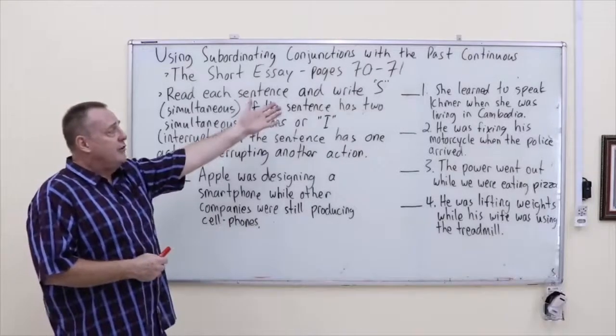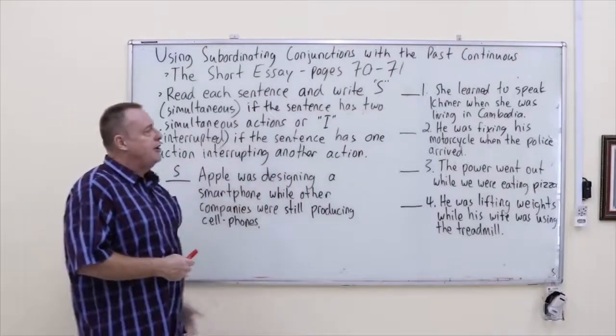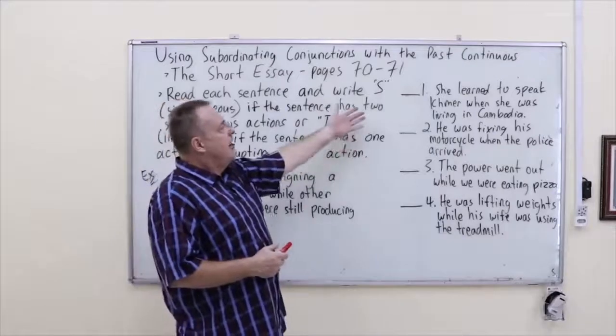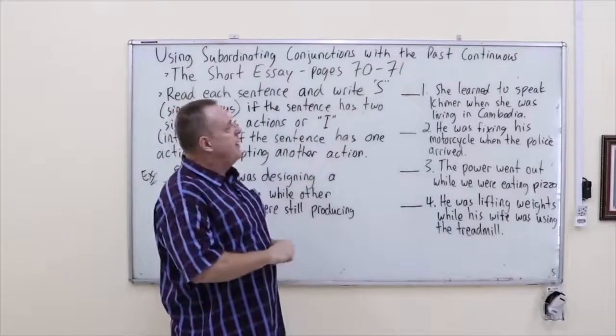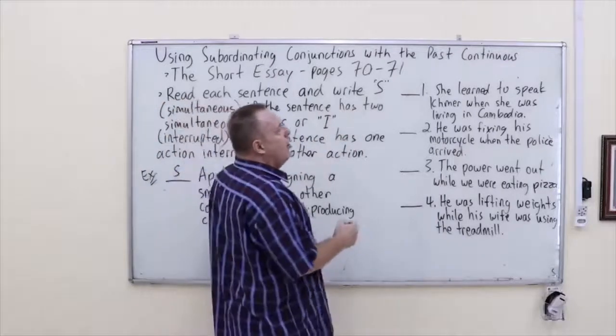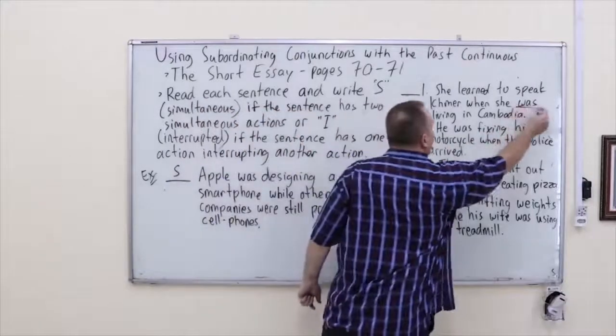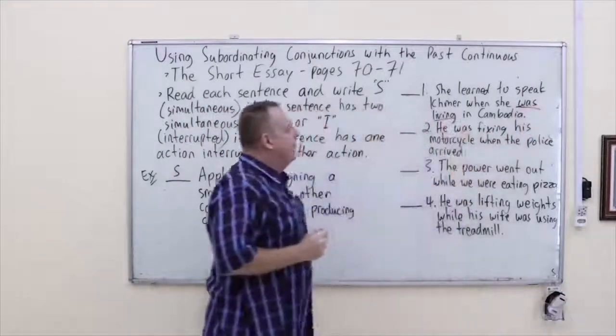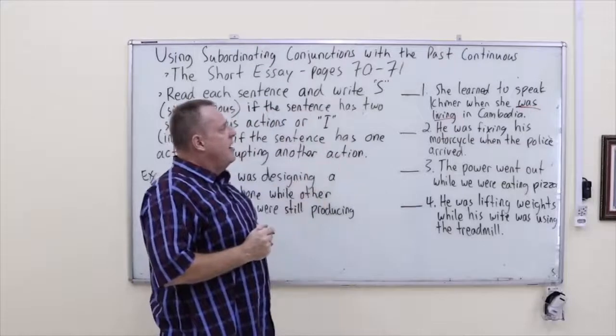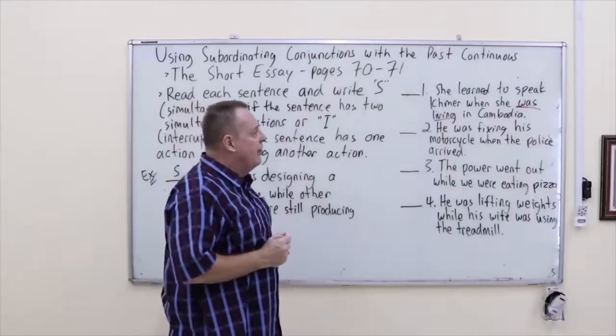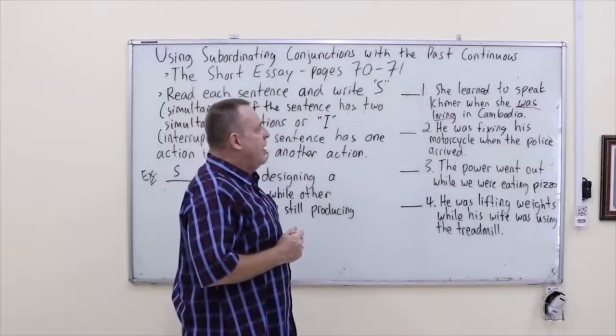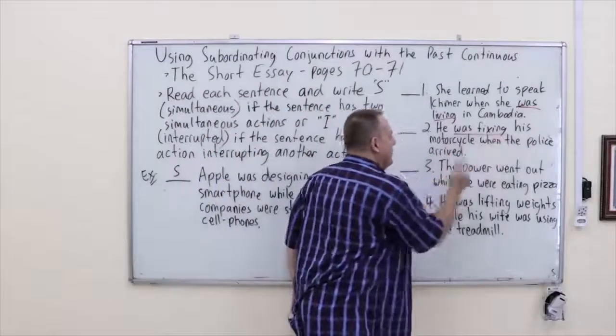So let's have a look at the four questions I want you to do, okay? So number one, she learned to speak Khmer when she was living in Cambodia. And number two, he was fixing his motorcycle when the police arrived. Was fixing.